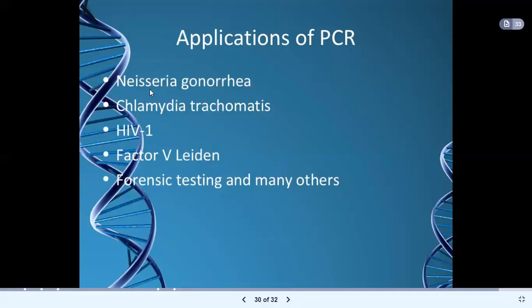Some diseases like Neisseria gonorrhoeae, Chlamydia trachomatis, and the disease caused by the virus HIV. So viral infections can be easily detected through the PCR technique.